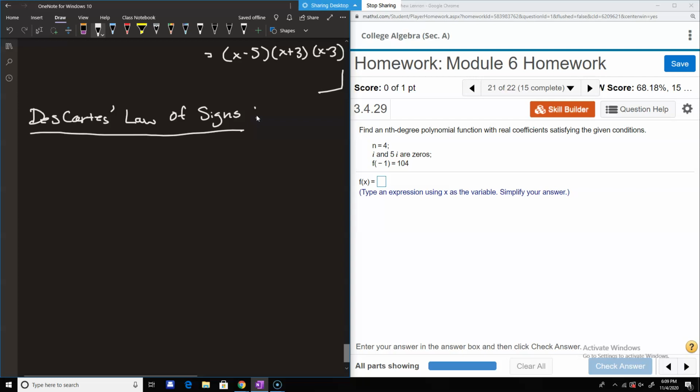Have you ever heard Cartesian coordinate plane? That's his name. He also, in philosophy, was famous for his skepticism, Cartesian skepticism, but also cogito ergo sum. You've probably heard of that before. Does anyone know what cogito ergo sum means? It's Latin. I think, therefore I am. He is the philosopher that said that.